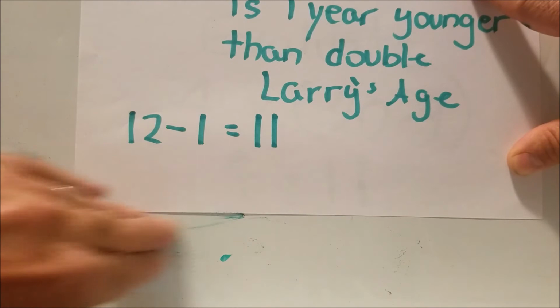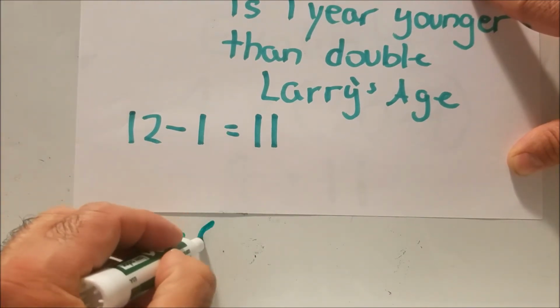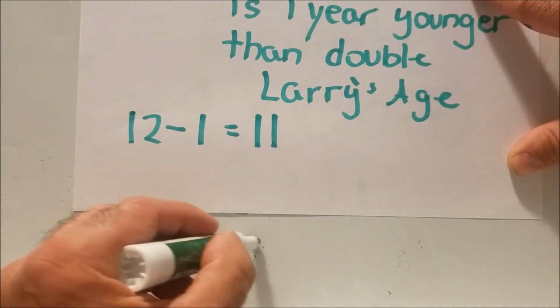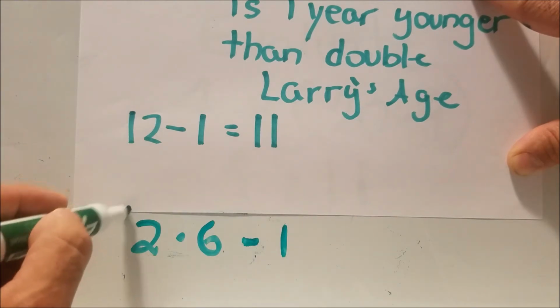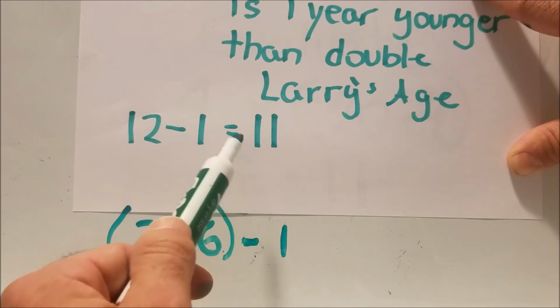Or we can just do it the normal way, if there is a normal way. 2 times 6. He's going to be this minus 1. And you can put parentheses around it; you don't have to, it just looks nice. He's double Larry's age minus 1. And he's 11. Great job.